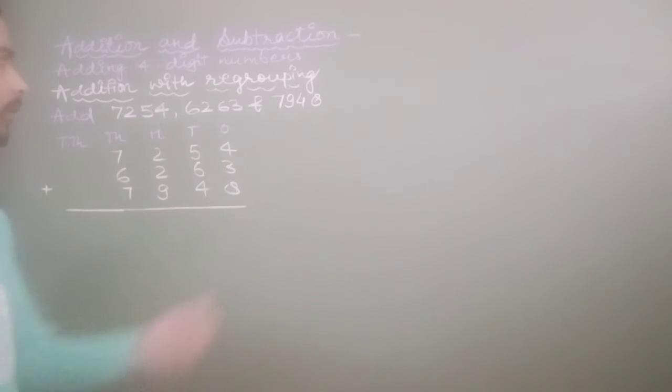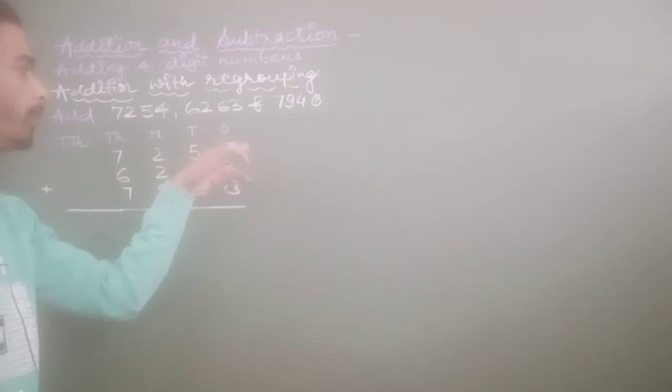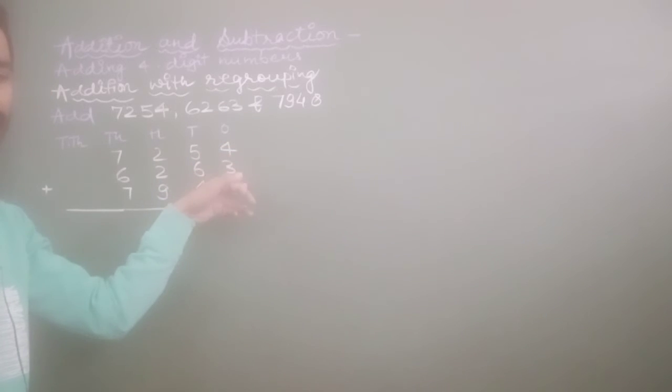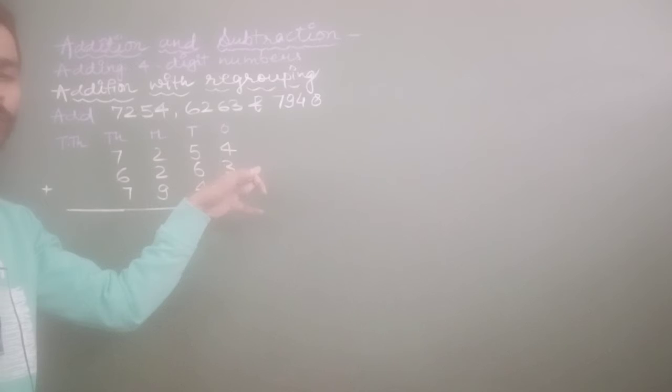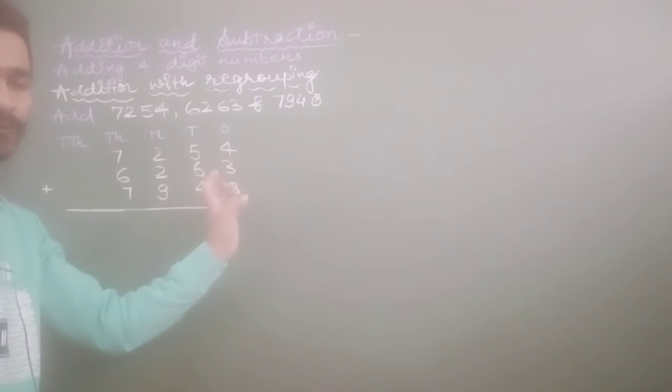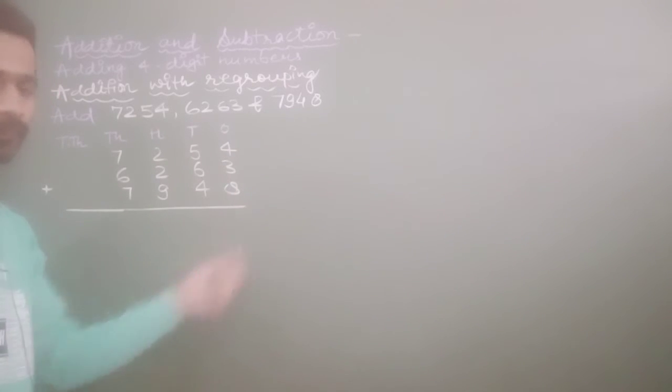Firstly we have to add the ones. 4 ones plus 3 ones is 7 ones, plus 8 ones is 15 ones. Regroup 15 ones into 1 ten and 5 ones, and write 5 in the ones column.